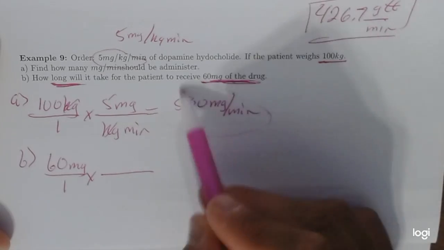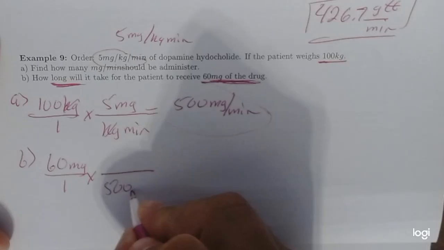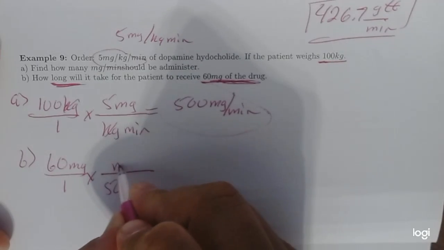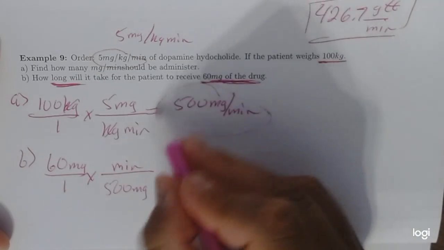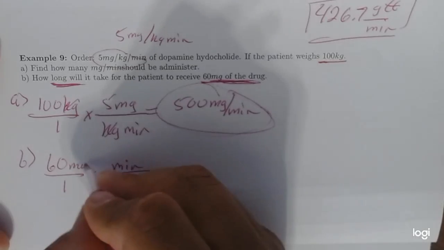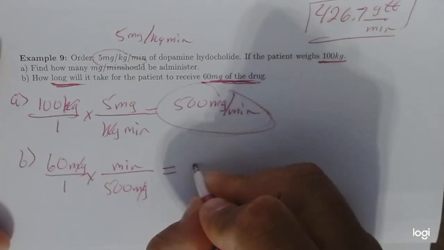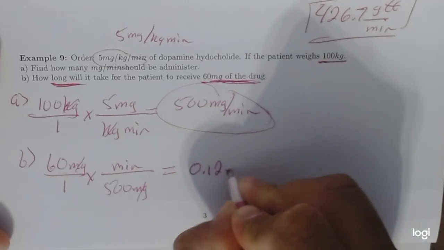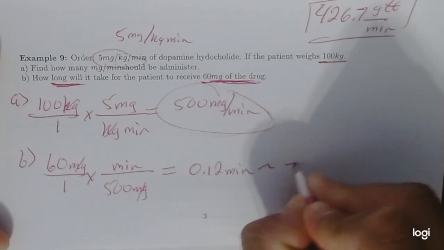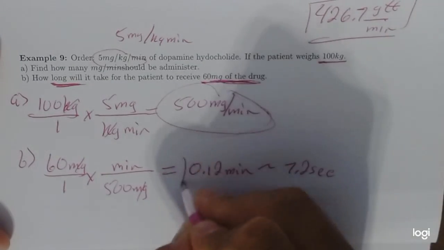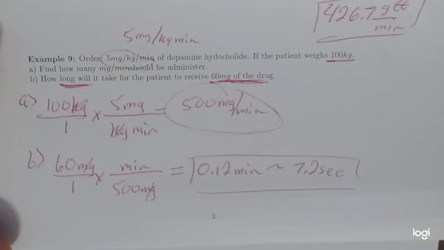If you don't, you still have to use the weight of the patient to cancel the kilograms, but since we have this already done, we can use that and skip one simple step. So if you do this, we should get 0.12 minutes, or approximately 7.2 seconds, just in case you're interested in why that is.